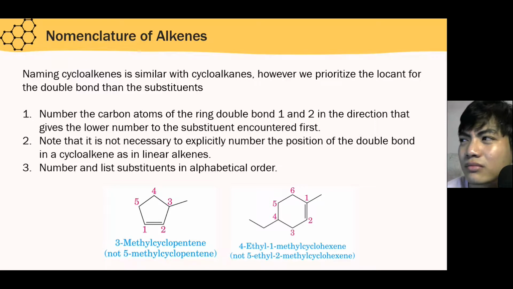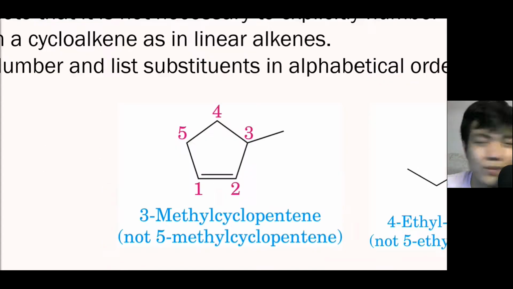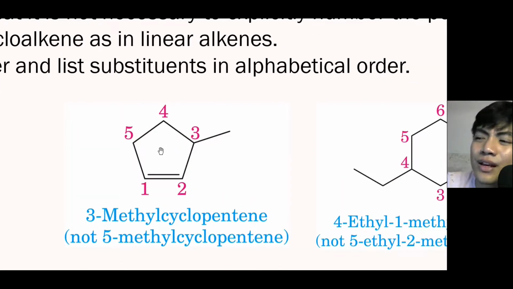So, let's name the alkenes. So, in the pictures here, ano meron dito? For cycloalkenes, paano ka magna-numbering? Okay? So, zoom tayo dito. So, let us focus on this picture here. So, in the picture here, the numbering is shown as 1, 2, 3, 4, 5, counterclockwise.